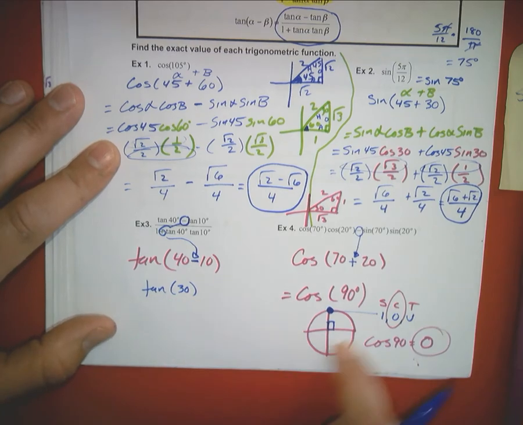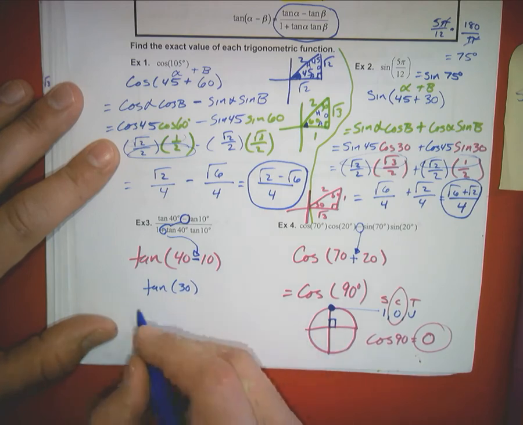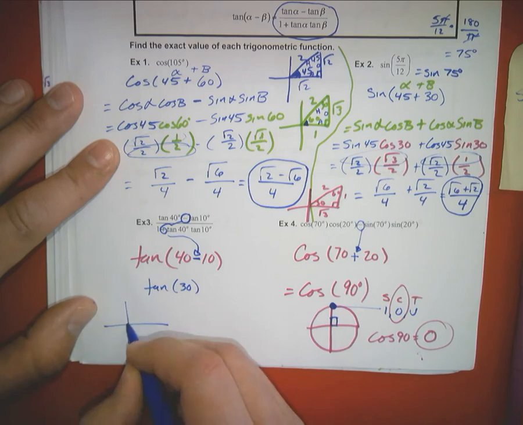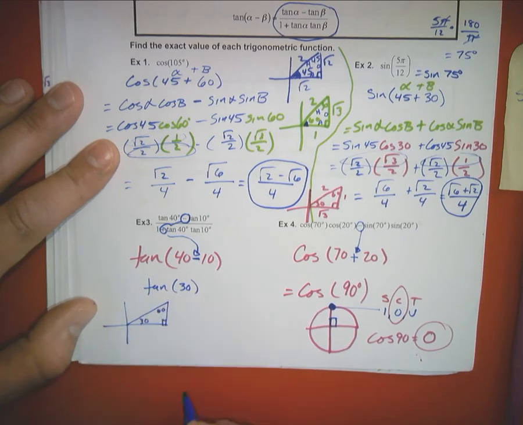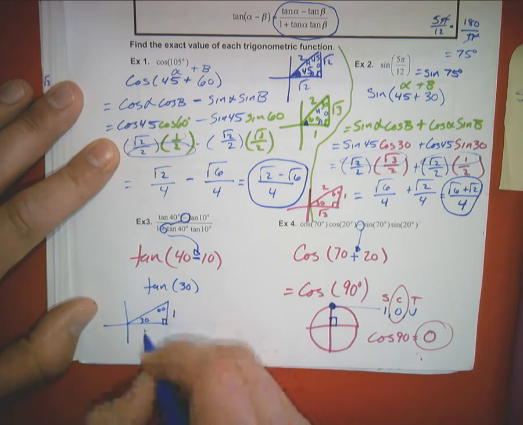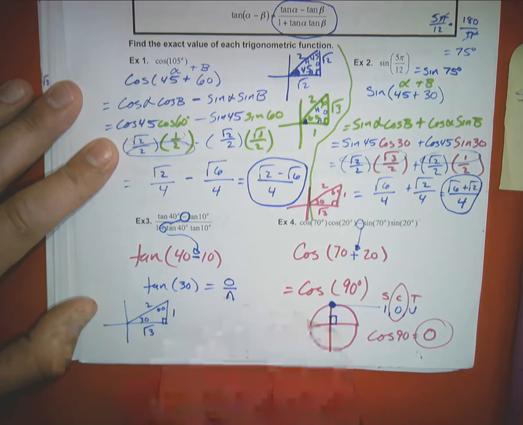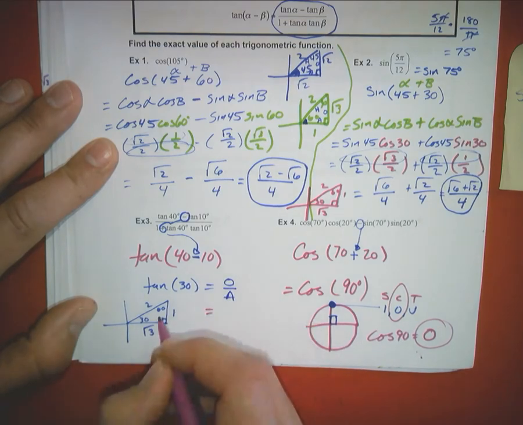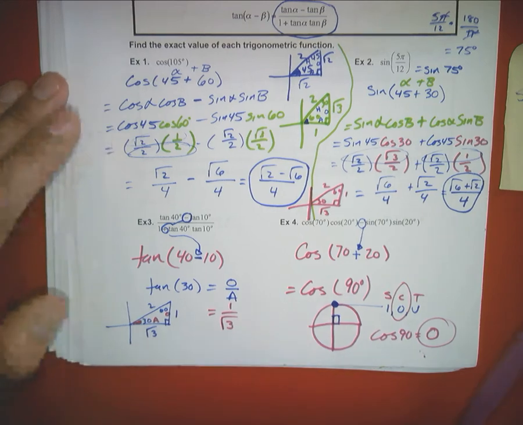Now, is this a circle one or is this a triangle one? Triangle. This is a triangle one, right? So again, we're gonna make our little triangle. We did this one earlier, where that's 30, that's 60. That's 1, that's root 3, that's 2. And we want TOA, we want O over A in this case. Working from this angle, that's O, that's A. So I got 1 over root 3.